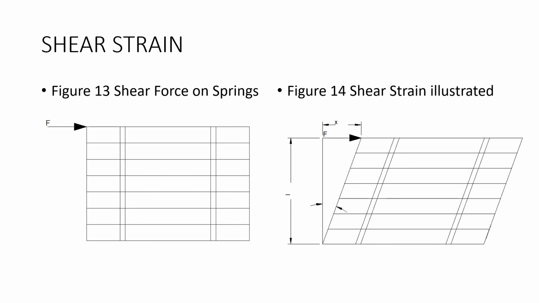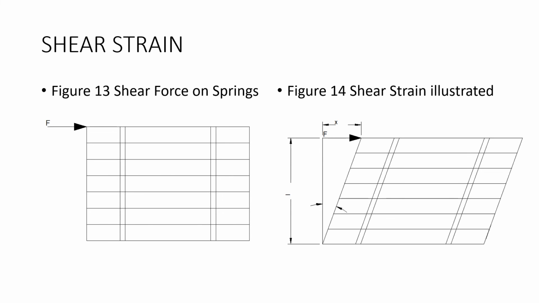So strain, you can see figure 13. It indicates a horizontal force acting on some spring leaves, which are tied by a certain bolt or rod, and normally they start to move horizontally, as you can see.